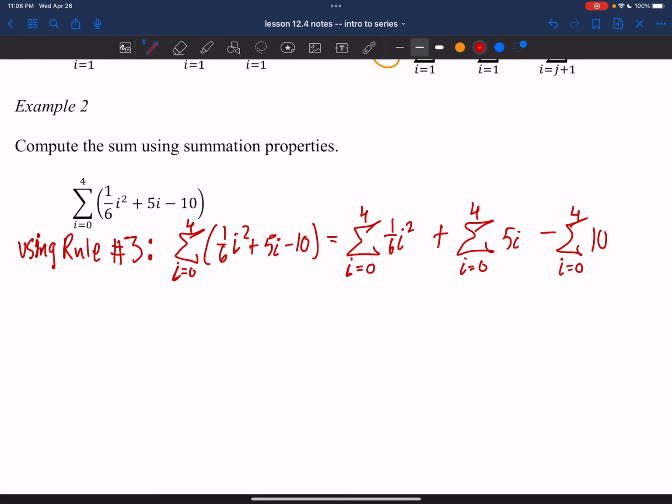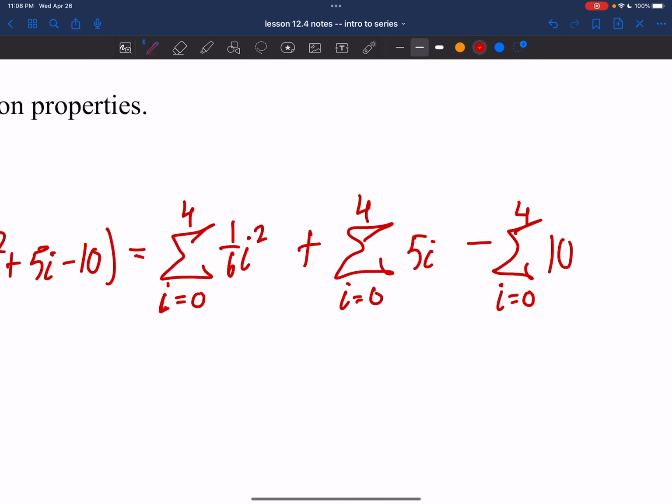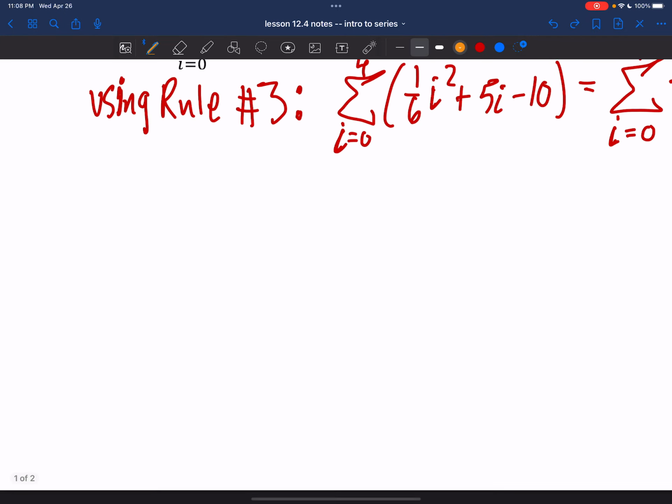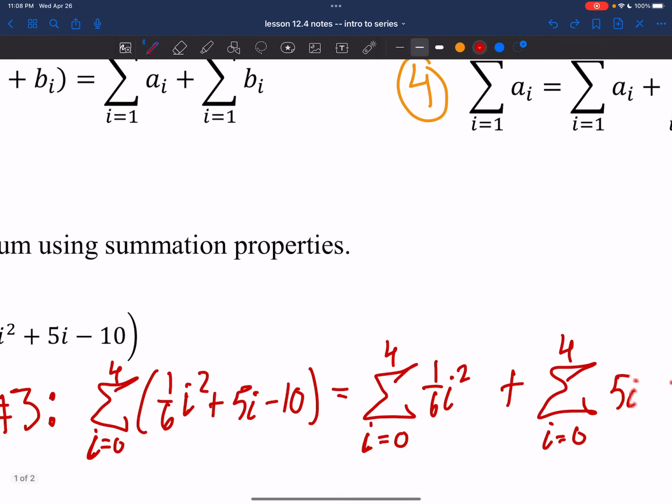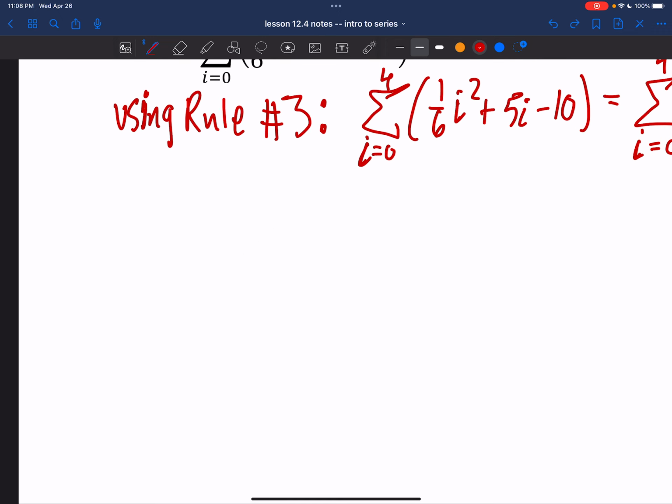Now what can I do? Well, I notice that I have a constant multiplier here and a constant multiplier here. So I can factor out those constant multipliers, okay? And that's rule 2.